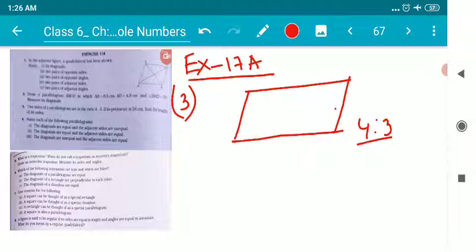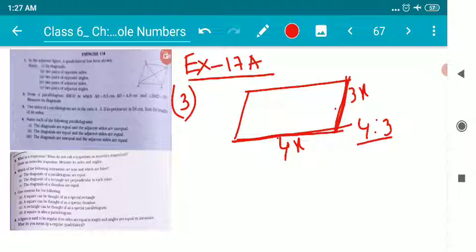Children, what did I say? The ratio of the lengths and breadths is 4:3. It's not the measure 4 centimeter or 3 centimeter. This is something which is in the ratio 4:3. So the length is unknown to us, breadth is unknown to us, but we can consider the length and breadth as 4x and 3x.